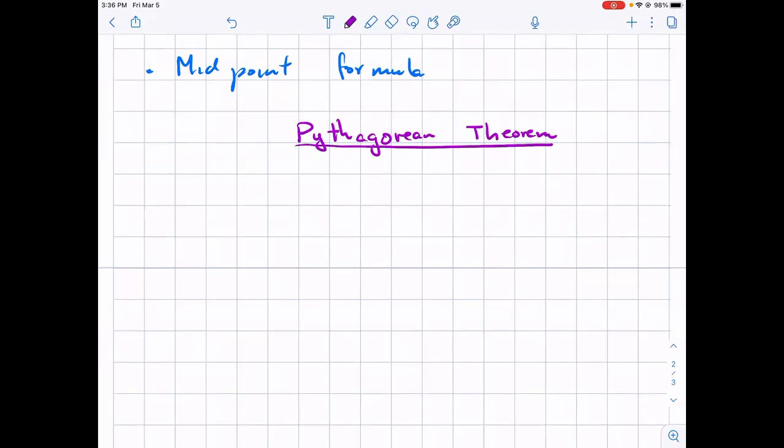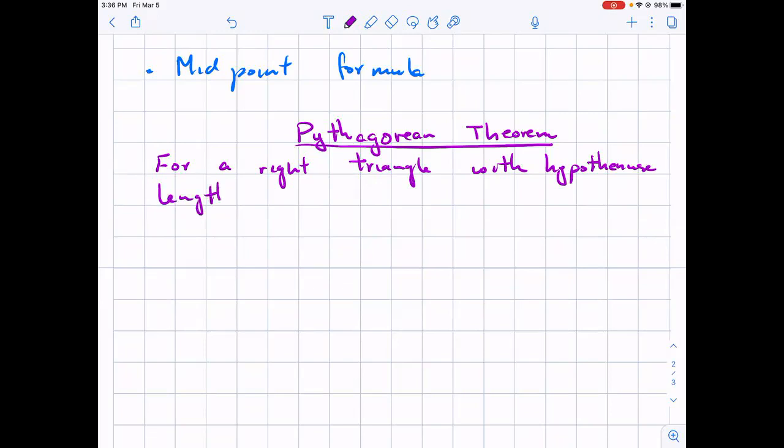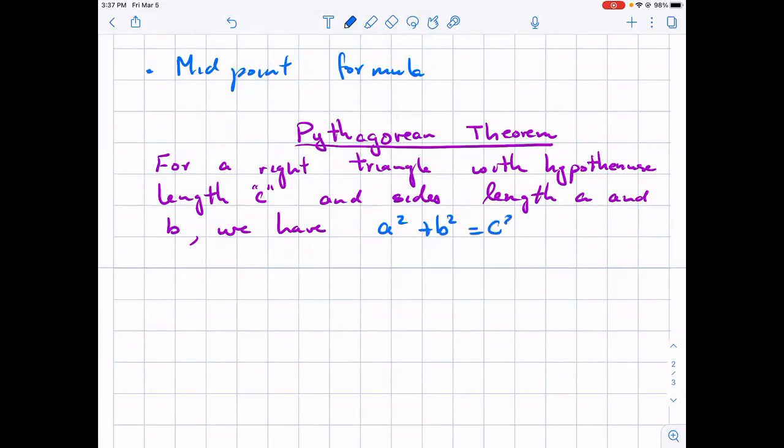So for a right triangle, with hypotenuse length c, and the hypotenuse is the longest side, and sides length a and b, we have a squared plus b squared is equal to c squared.